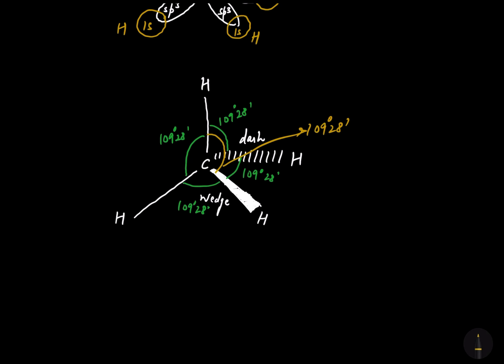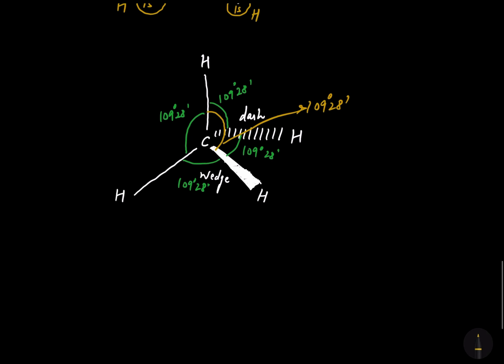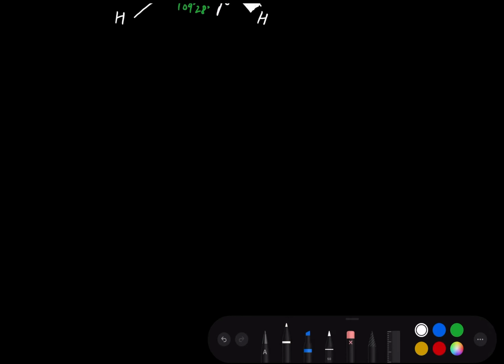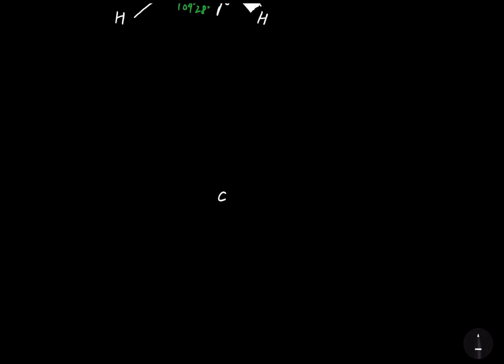And now let me make this diagram again to explain the second observation. This is the carbon, this is the hydrogen, this is the hydrogen, this is the wedge hydrogen, and this is the dash hydrogen.